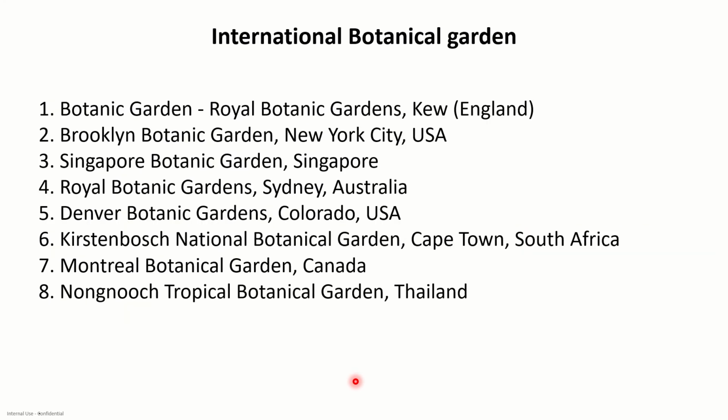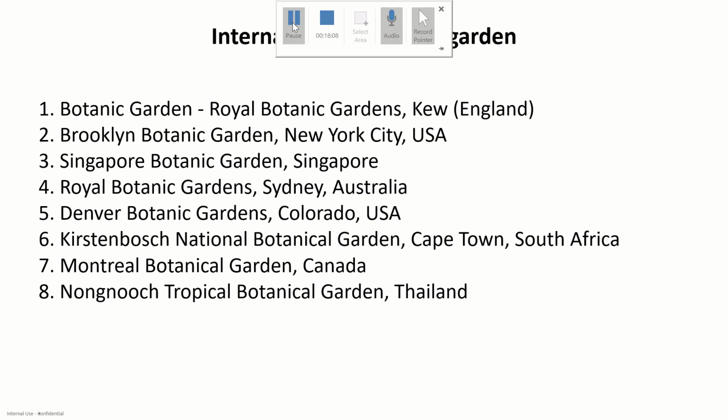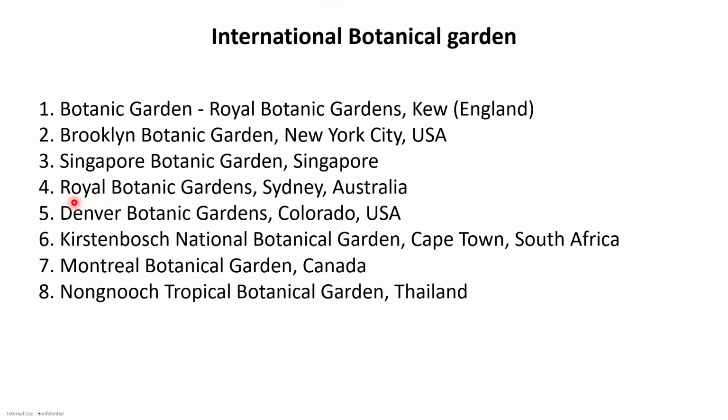Next, we'll come to some international ones. The Royal Botanic Garden, Kew, in England. Next, the Brooklyn Botanic Garden in New York City, USA. Singapore Botanic Garden in Singapore. From the name itself, you can understand. Then Royal Botanic Gardens, Sydney, in Australia. Denver Botanic Gardens in Colorado, USA.